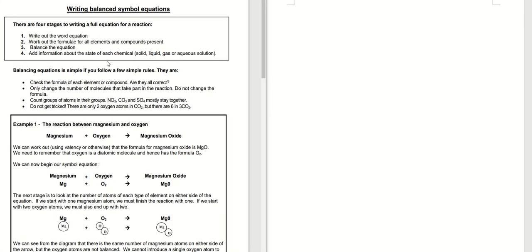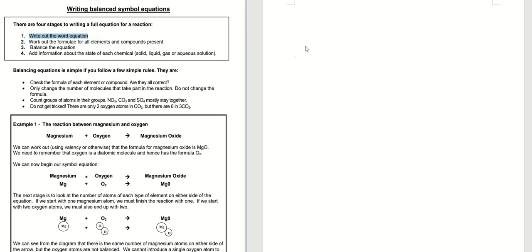Okay. So just zooming in a little bit here, we can see when it comes to writing equations, there are four basic stages of writing a full equation. Firstly, writing out the word equation. Remember, the word equation is an analysis of the actual chemicals, so you write down the name of the chemicals that you're using.